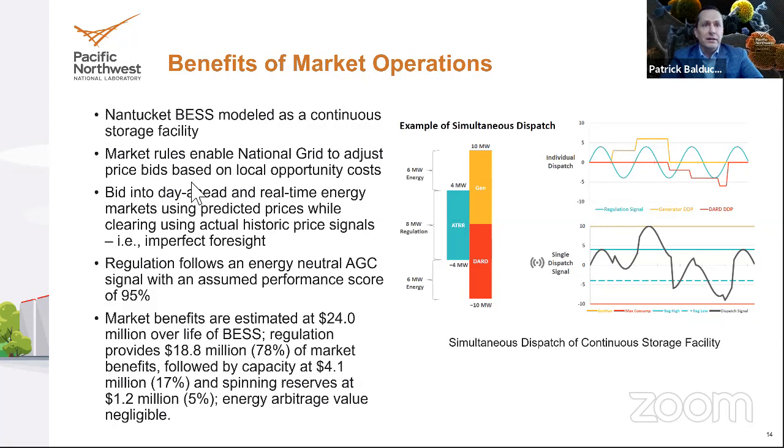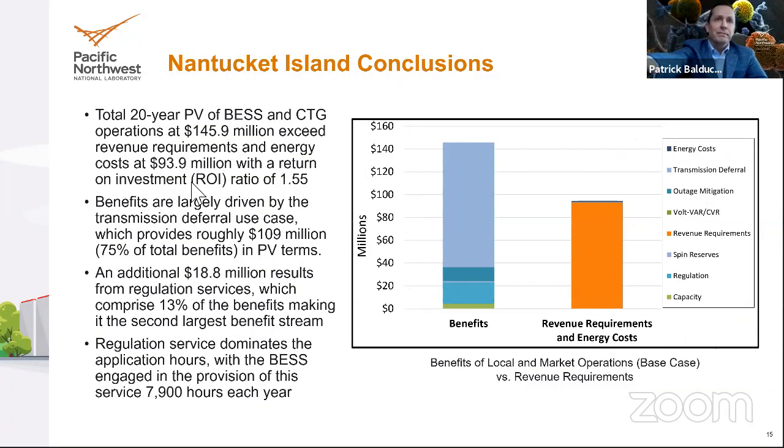But still, we found that you could generate, in present value terms, almost $20 million, or 24 million, excuse me, in additional benefits over the life of the battery storage system. When all of those streams are combined, you can see the estimate of $146 million of benefits over the economic life of the system, 94 million in costs, including the full rate impact.